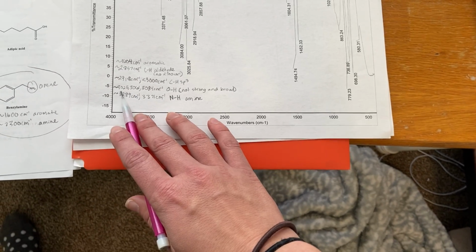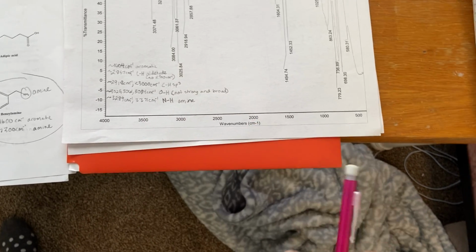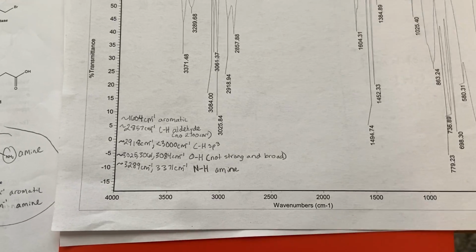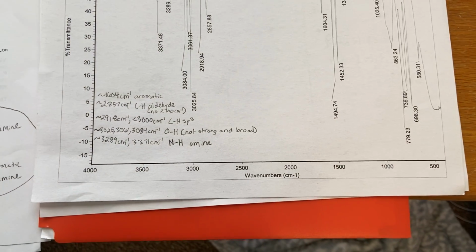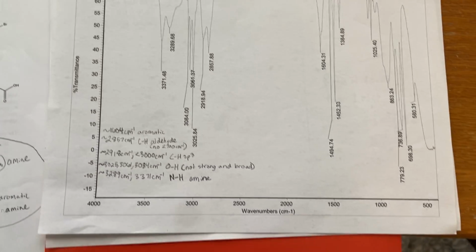And then we have 3025, 3061, 3084 peaks, and this represents from our stretching frequency IR an O to H, which would be a carboxylic acid, but looking at the spectrum, it's not strong and broad, so this would not show up in our compound that we're looking at.